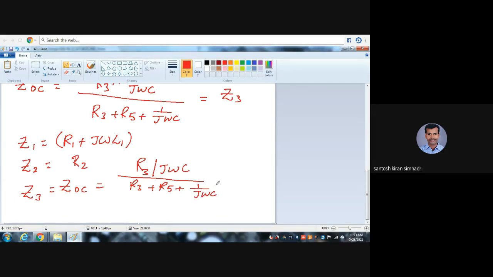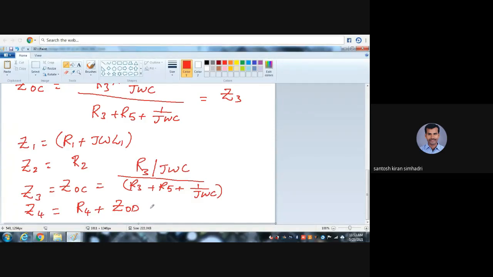This is called Z3. Sir, then what about Z4 after ZOC? Yes, Z4 is a combination of R4 plus ZOD.